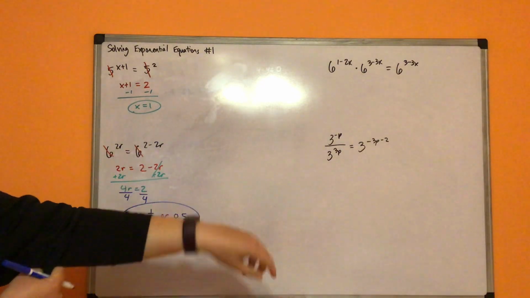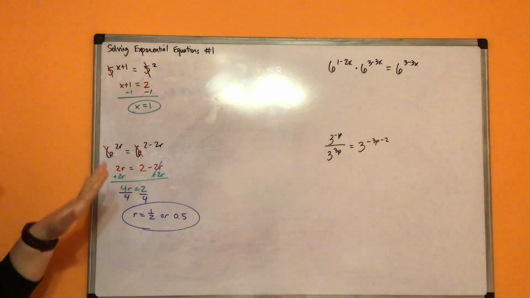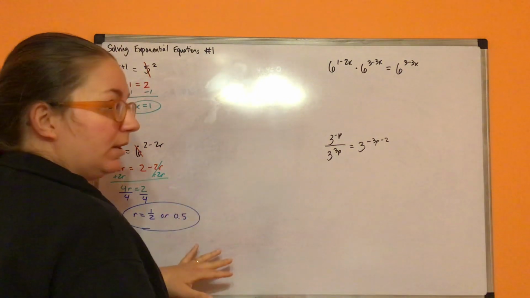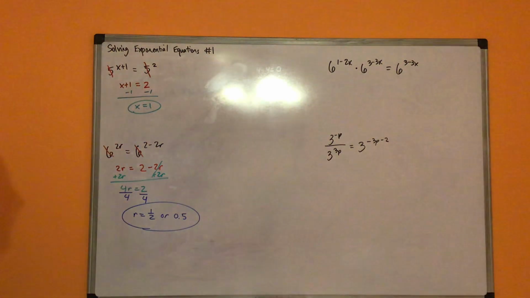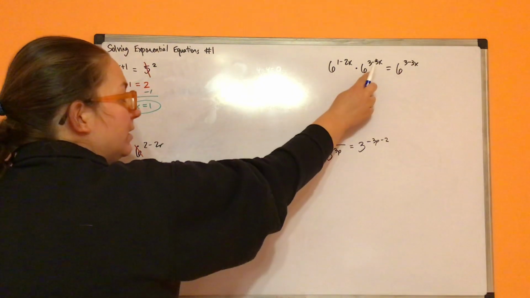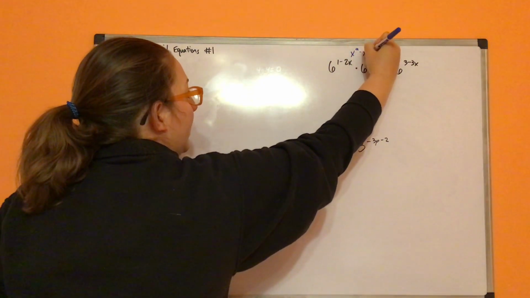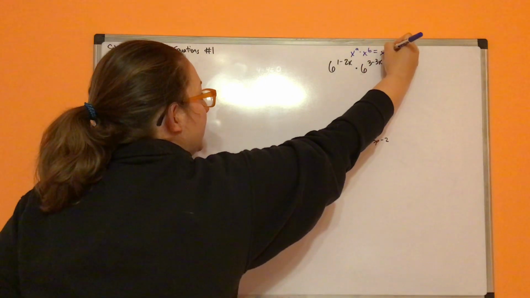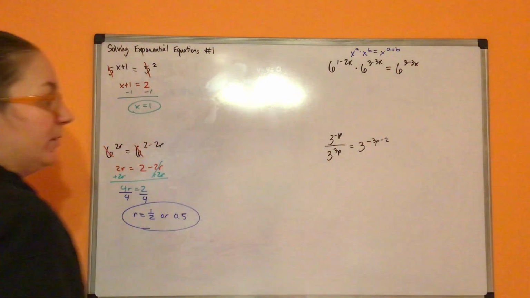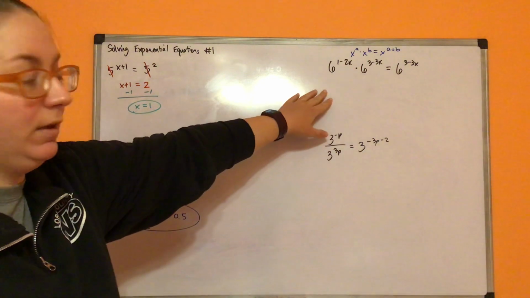Now these last two that we're going to look at for today are slightly more complicated. We just need to think about our exponent rules. So this is a more complicated version of our product rule. When I have two things with the same base, I add the exponents. I'm going to do the same thing here.